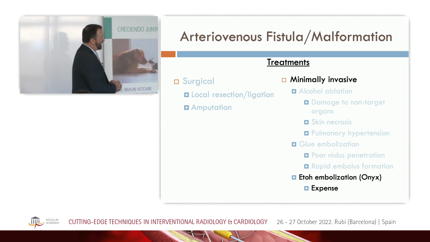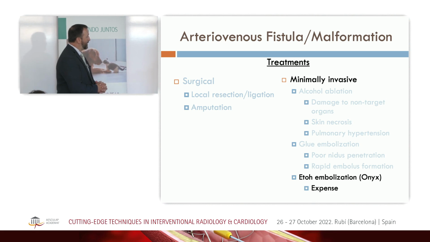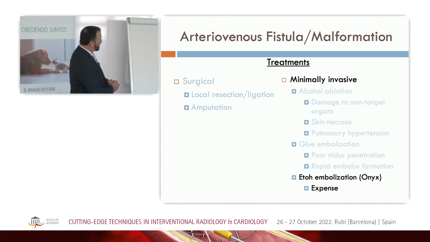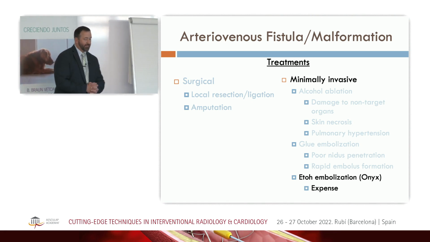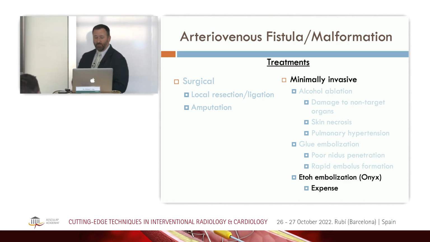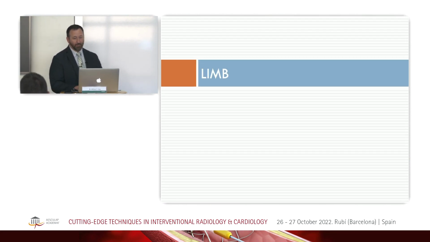It's been one of the things that's suffered from the global situation with getting supplies. But a vial of Onyx is probably in the range of $6,000 to $8,000 US, so it's quite expensive. So it's not something that is typically going to be available to us, so that's why we do a lot of glue embolizations. The Onyx cases I've done have all been donated.